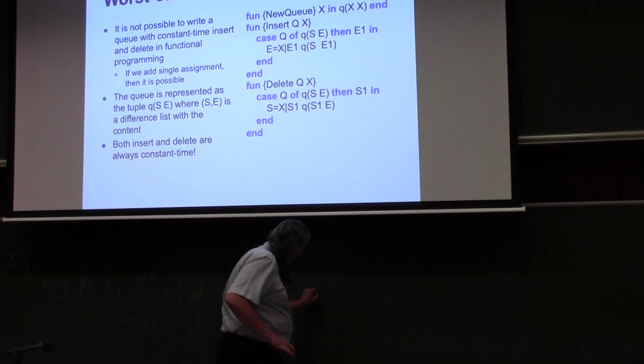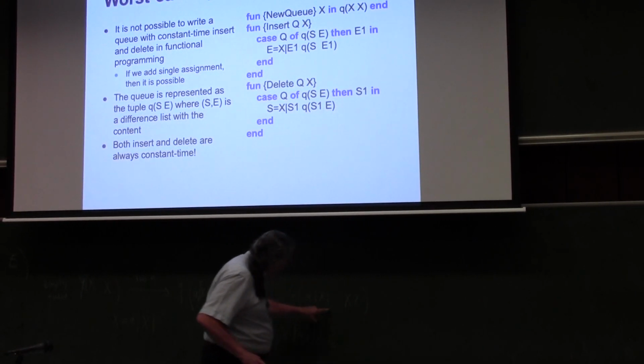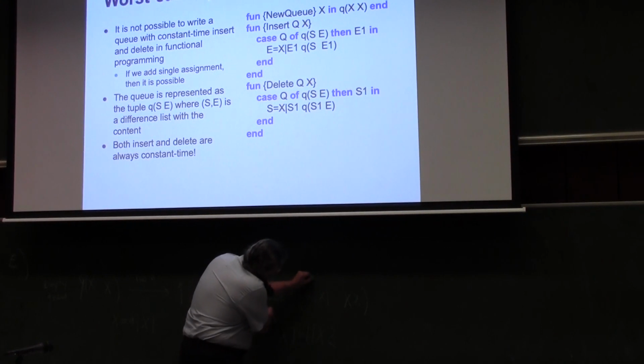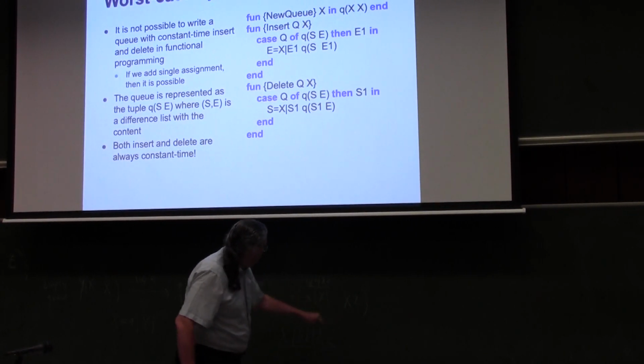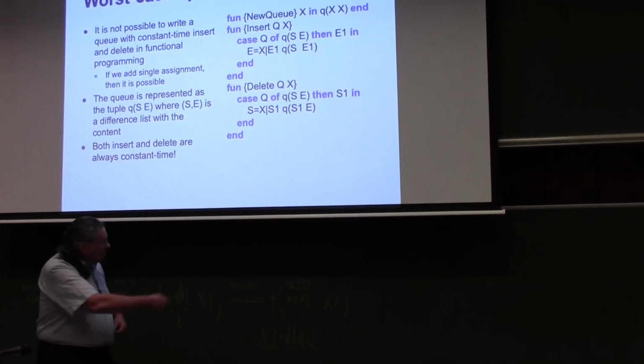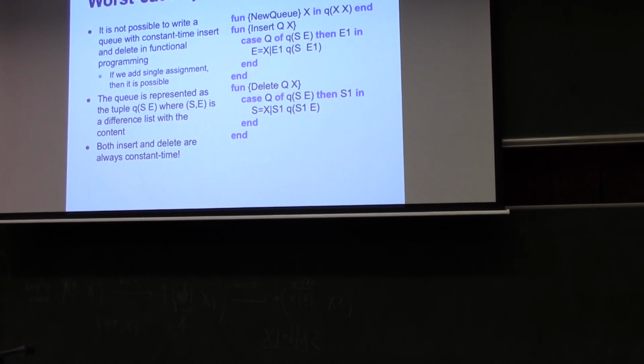So it's A X1, X2, but A X1 is actually A B X2, because of this. So this is A B X2. You see, I'm actually creating new difference lists each time I do an insert.